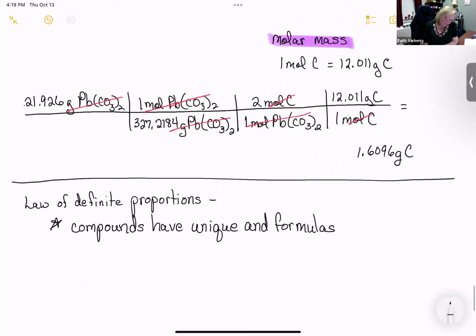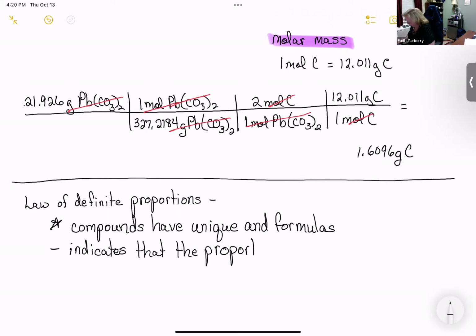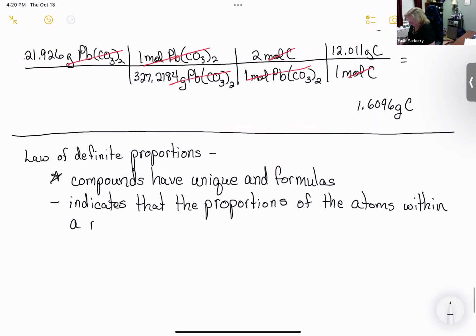So the law of definite proportions indicates that the proportions of the atoms within a molecule will always be the same.